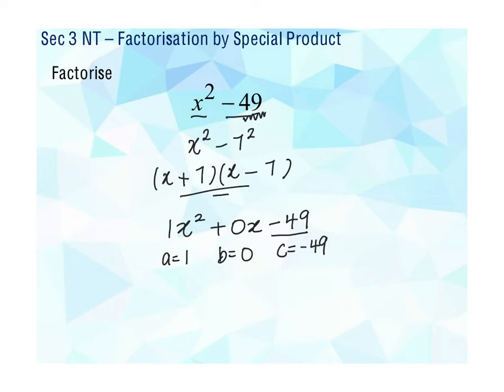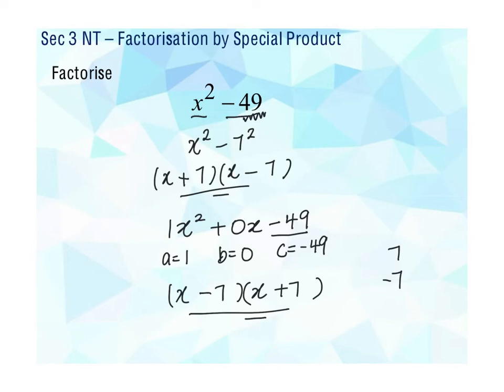So using your calculator mode 33, you'll be able to get two answers. One will be 7, the other one will be minus 7. So we will have x times x to give you x squared. One is 7, so we'll write minus 7. The other one is minus 7, we'll write plus 7. So this will be our answer.